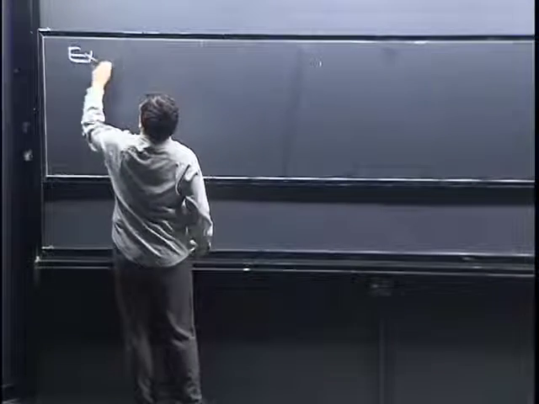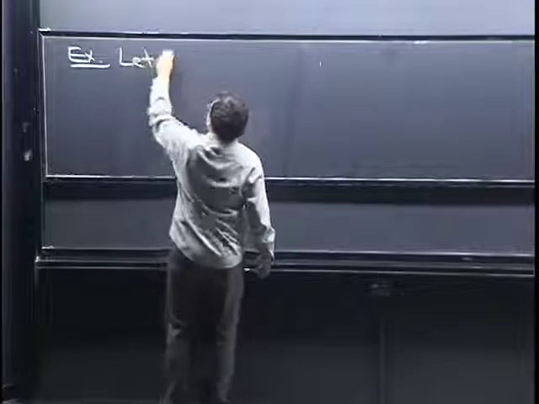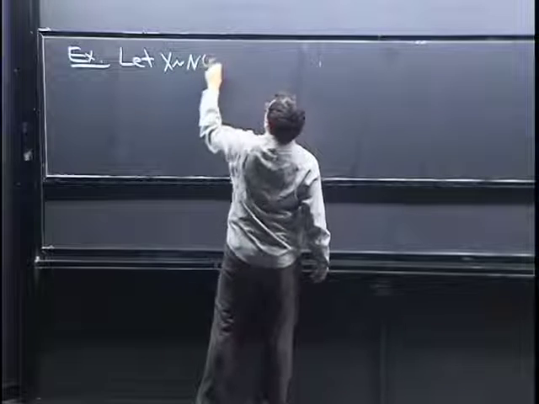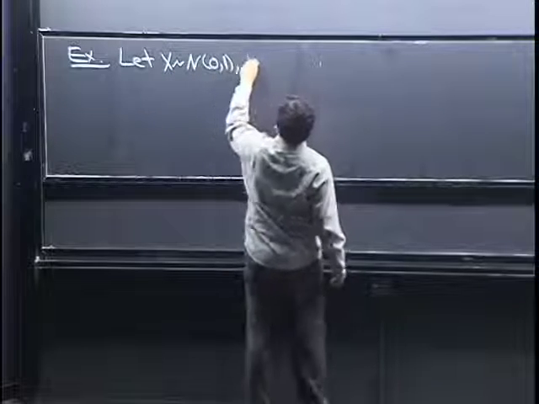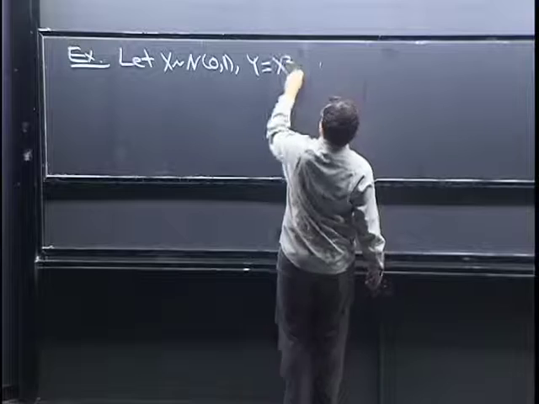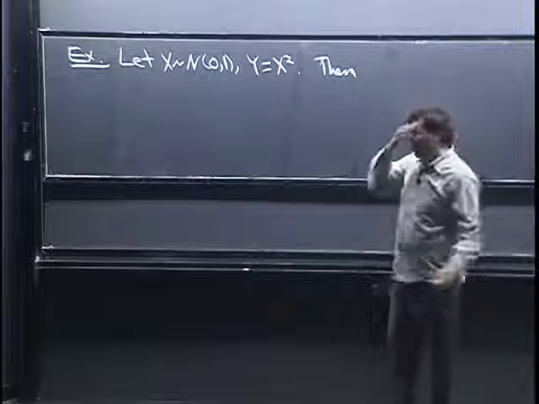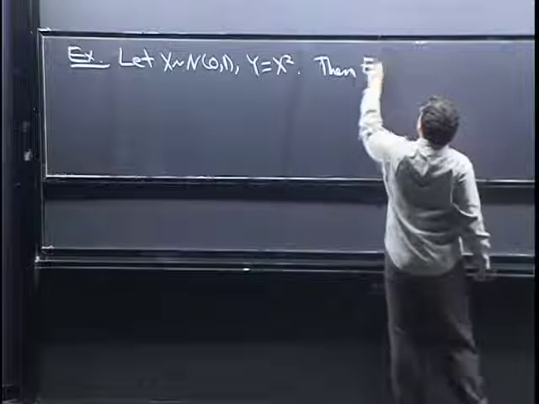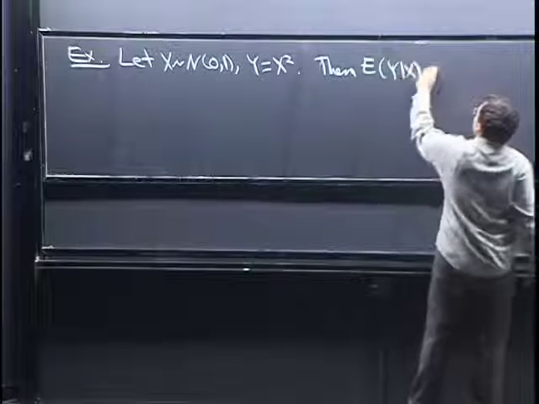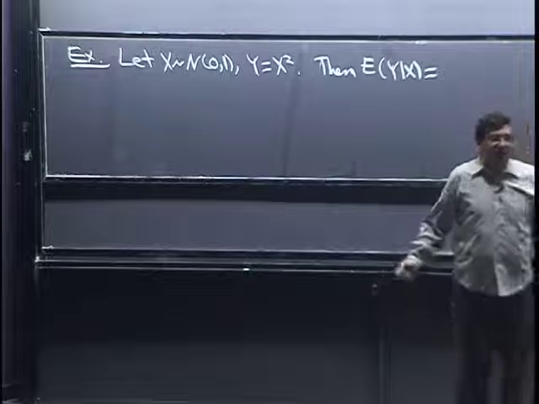Let's just start with a normal. X is standard normal. And let's let y equal x squared. Okay, and then suppose we want e of y given x. This is just a practice, what does the concept mean?